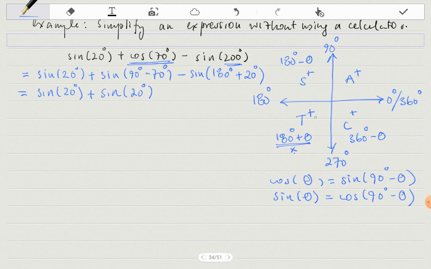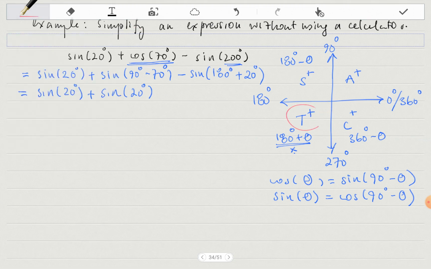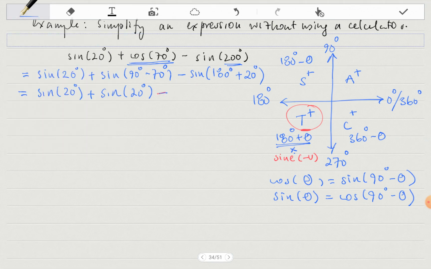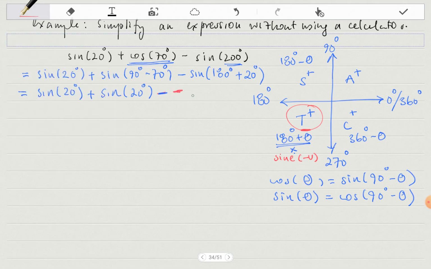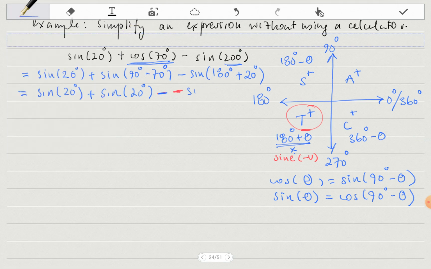For sine of 180 plus 20, you just remember that sine in this quadrant would be negative, since only tangent is positive here, so that would be minus. Let's put the original minus in blue, and then your new negative comes in there, giving you negative sine of 20 degrees.